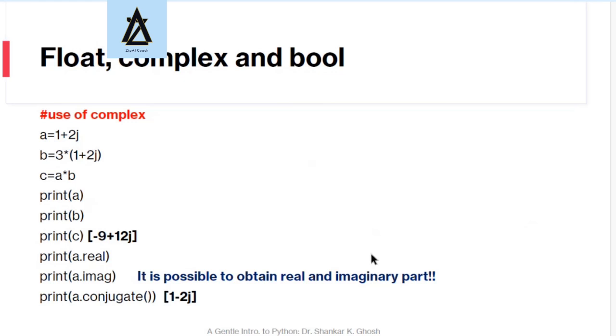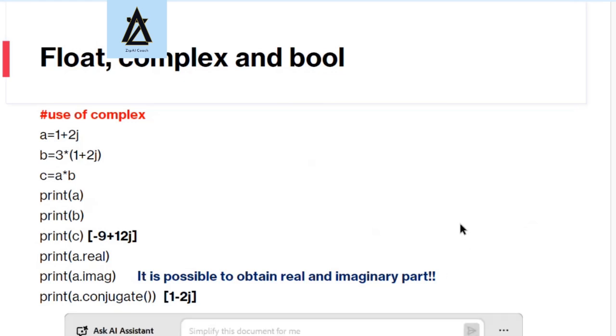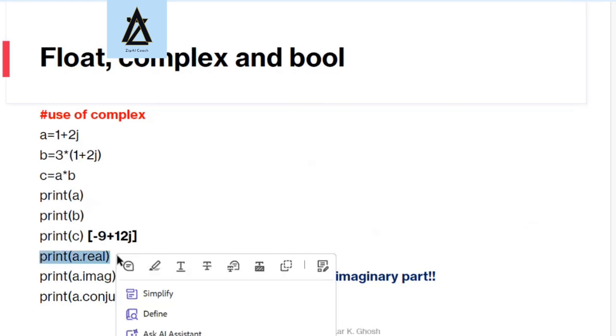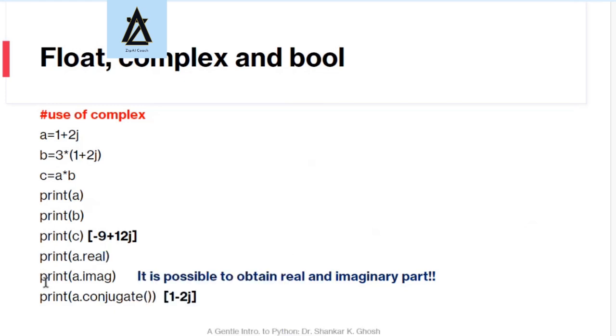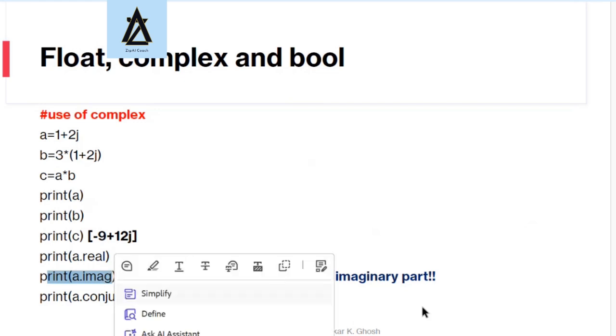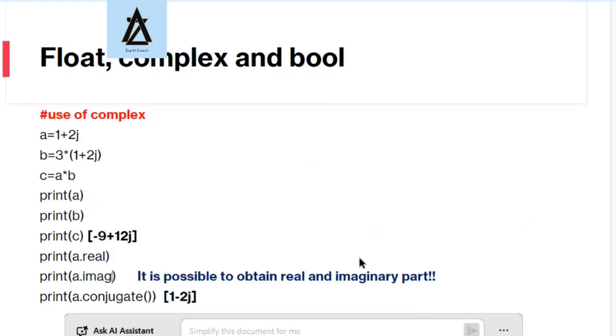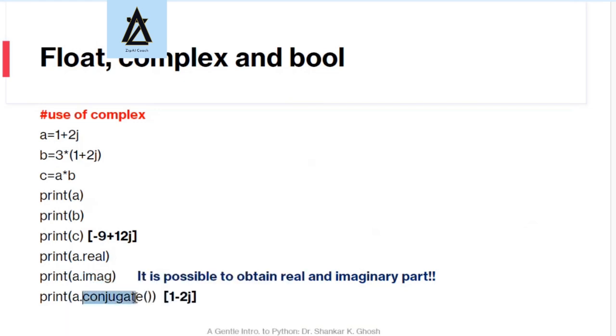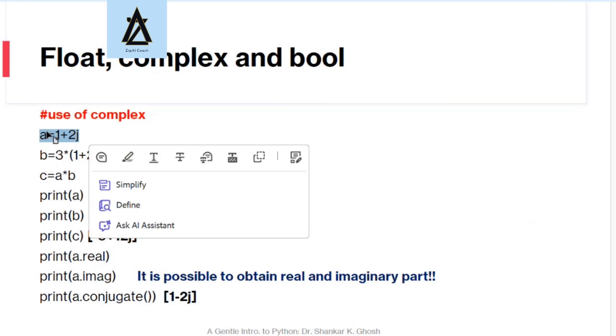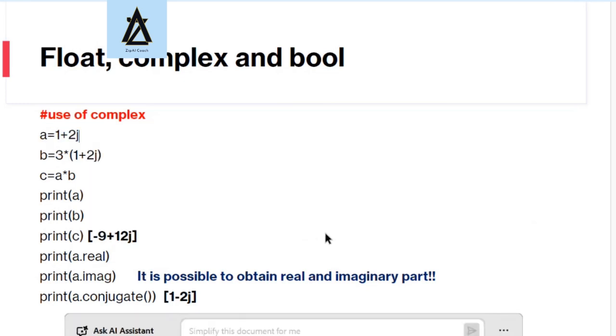It is also possible to obtain the real and imaginary parts. For example, if you write print A dot real, it will print the real part. If you write print A dot imag, it will print the imaginary part also. If you write A dot conjugate, then, since the complex number is A, the conjugate is 1 minus 2j, it will print 1 minus 2j.